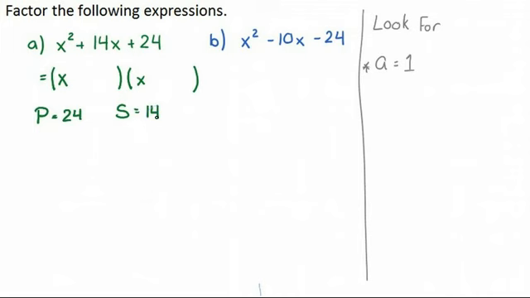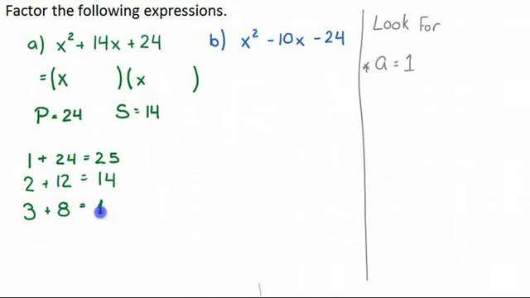So again, one thing you can do to help you with this is just to write down all the factors of 24 and add them as you go. So factors of 24 are 1 and 24, and if we add those, that gives me 25, so that's no good. We could get 2 and 12, we could get 3 and 8, and again we can add these as we go. 2 and 12 is 14, 3 and 8 is 11.